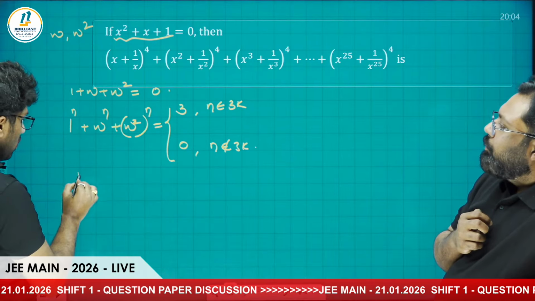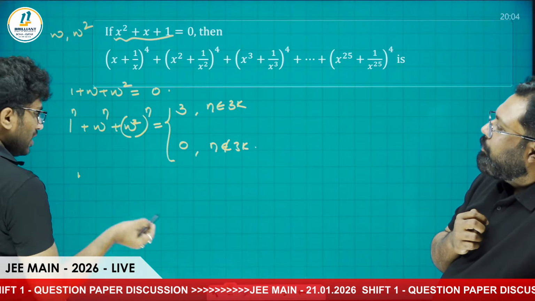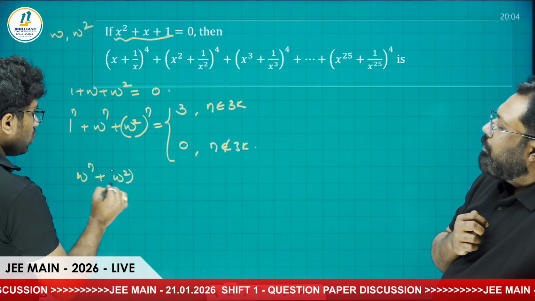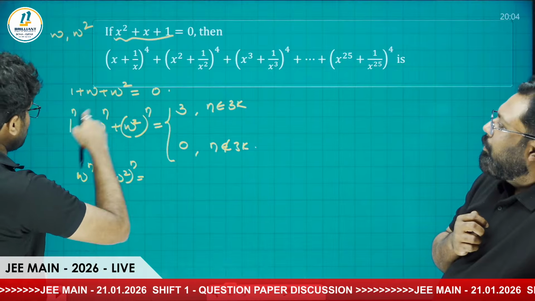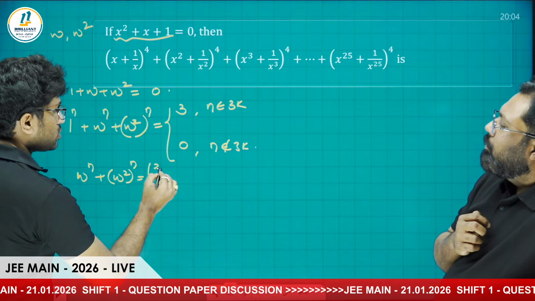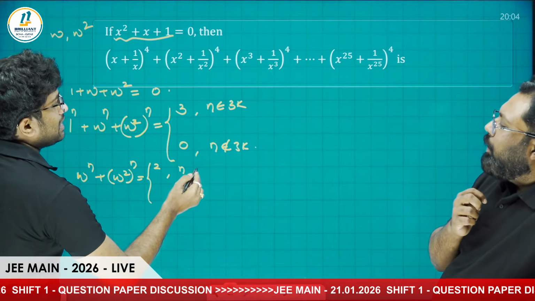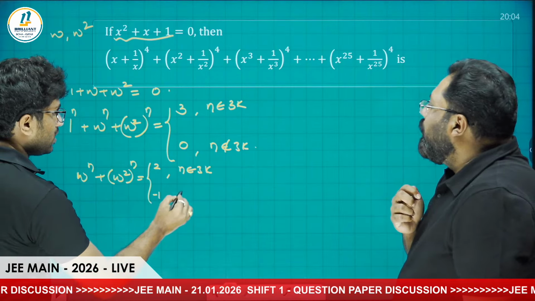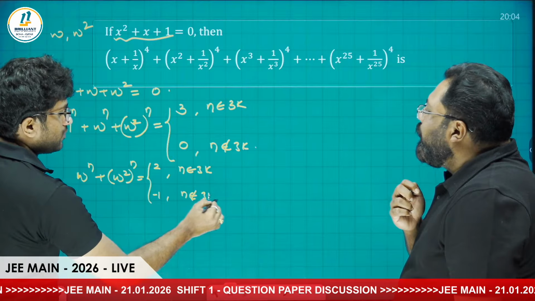And it is equal to 0 if n is not a multiple of 3. So that means here 1 power n is anyhow 1. So omega power n plus omega square whole power n will be equal to 3 minus 1, that is equal to 2 if n is a multiple of 3, and this is equal to minus 1 if n is not a multiple of 3.